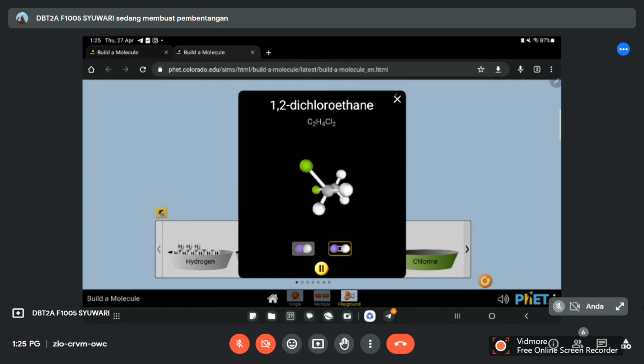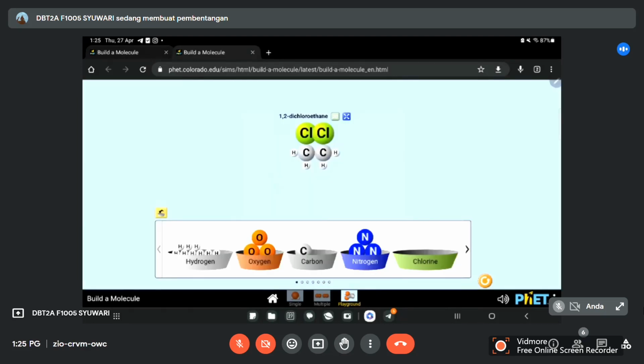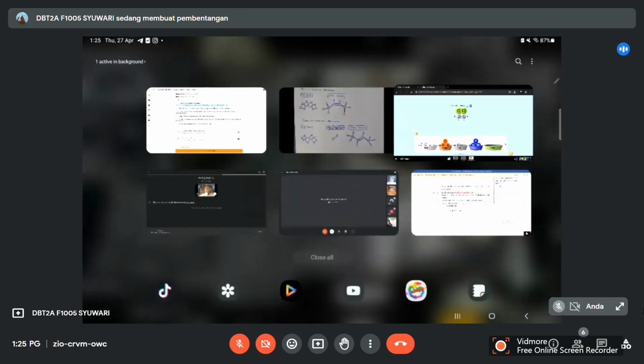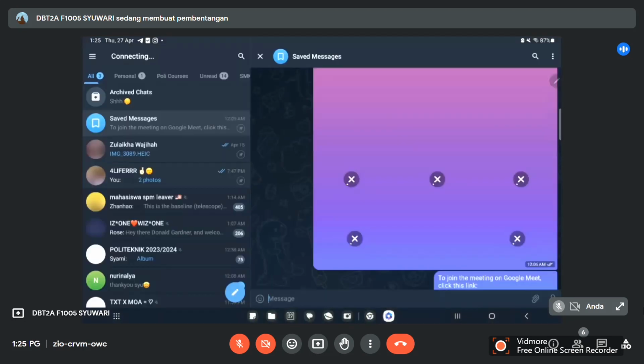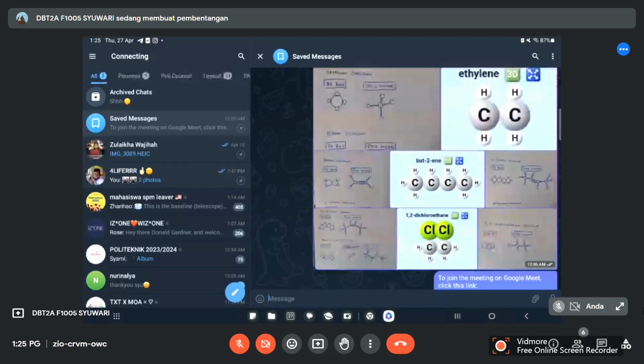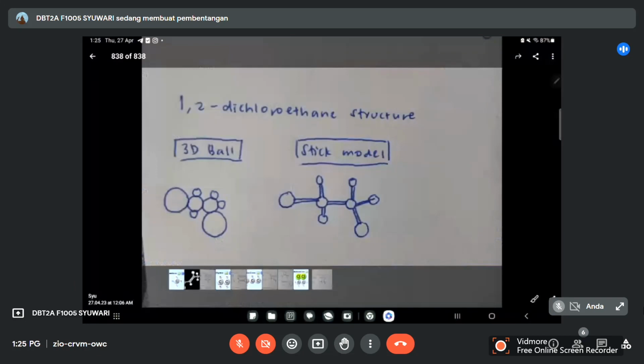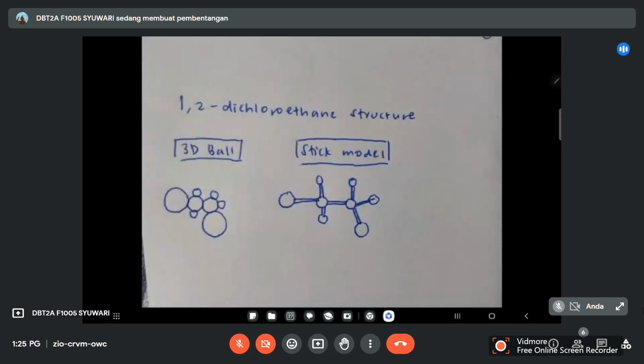We have observed it and we want to draw it. How to draw the structure? To draw the structure is like this. So this is the 1,2-dichloroethane structure, the 3D ball and the model that we have observed.